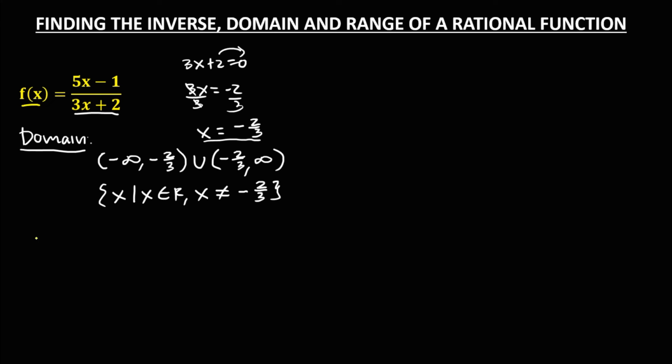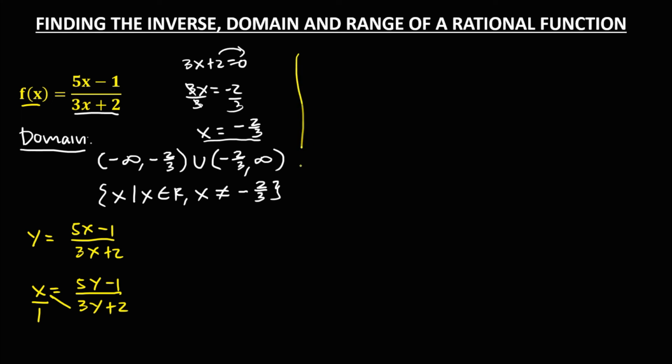Then to find the range, this f of x becomes y, which equals 5x minus 1 over 3x plus 2. Then interchange x and y, so y becomes x and x becomes y over 3y plus 2. Then cross multiply to solve for y.